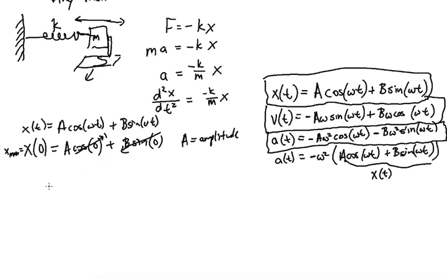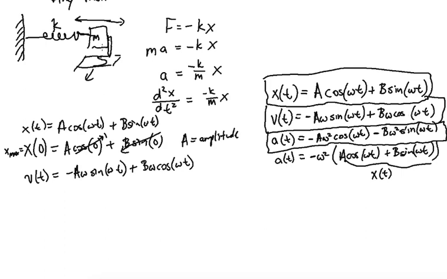So let's try looking at the velocity. Velocity as a function of time was negative A omega sine of omega t plus B omega cosine of omega t. Now we want to look at what's the velocity at the very start.